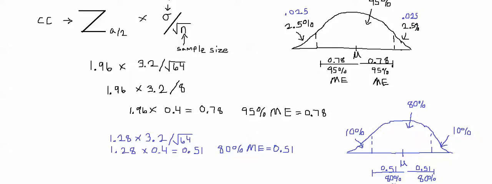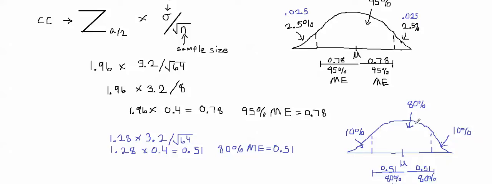So up here, when we did this work, we found out that 2.5% of the possible samples have a sample mean more than 0.78 below the population mean. 2.5% of the possible samples have a sample mean that's more than 0.78 above the population mean. And 95% of the possible samples have a sample mean within 0.78 of the population mean.